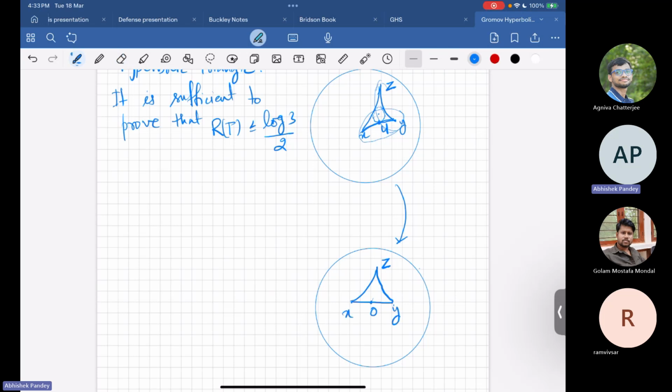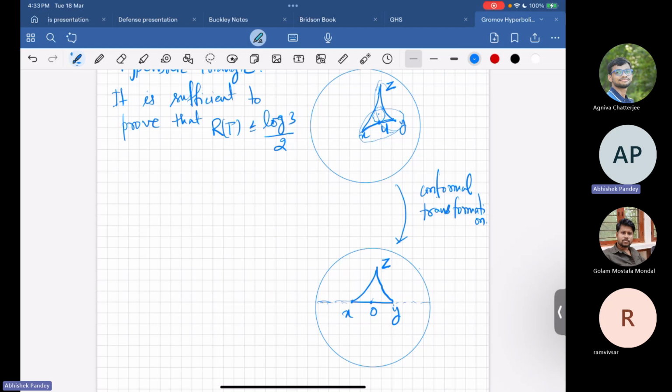So I'm saying that without loss of generality, we can assume that this x comma y is on the real axis and this u is at the origin. Okay, is it clear? This will be a conformal transformation.